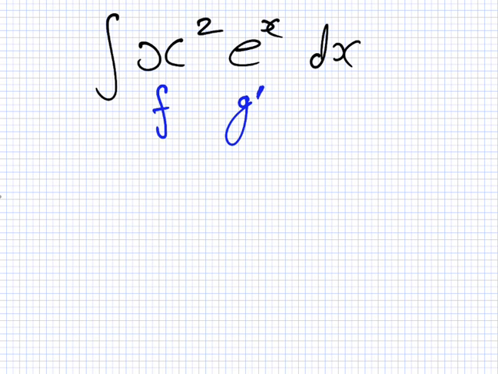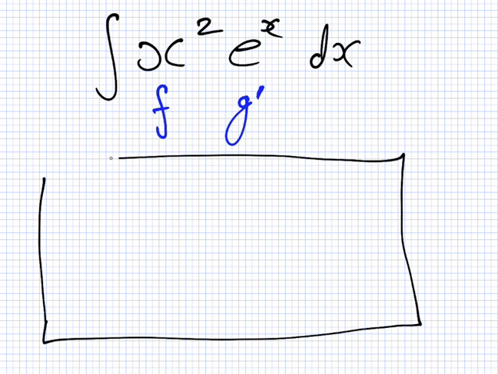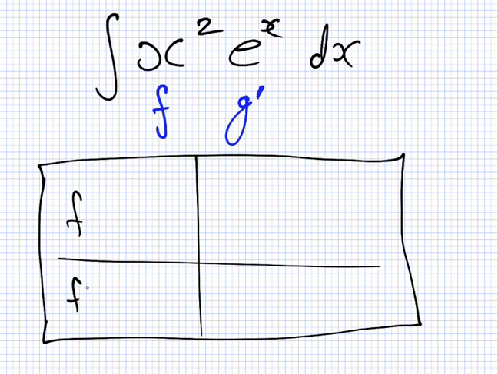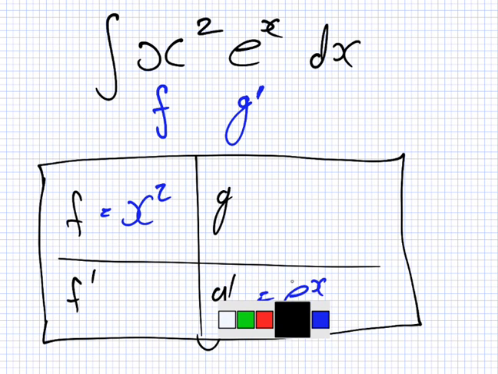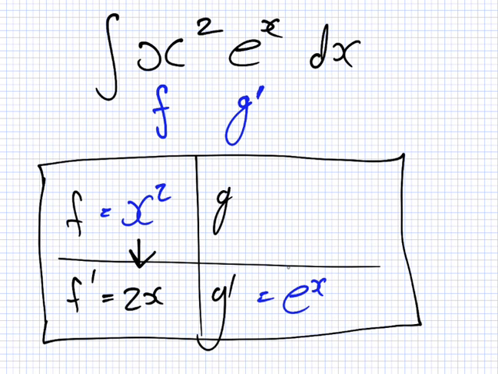So we make our table. F, f derivative, g derivative. What goes in first here is x squared, and here is ex. So next, that's 2x, and then going up, that's ex. So we end up with this.